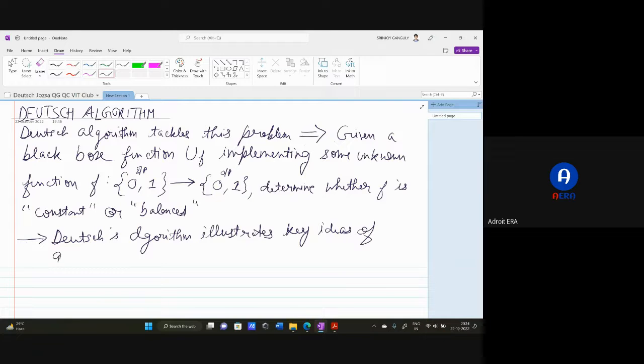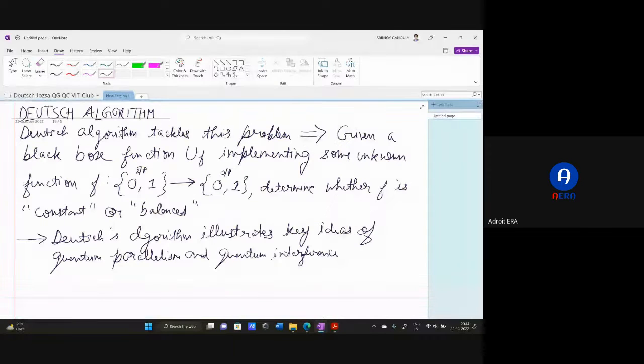This is one of the very first algorithms which was demonstrating the key ideas of quantum parallelism, which is nothing but superposition, and quantum interference, that are used in all useful quantum algorithms.